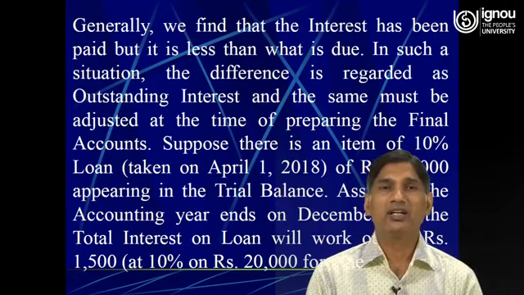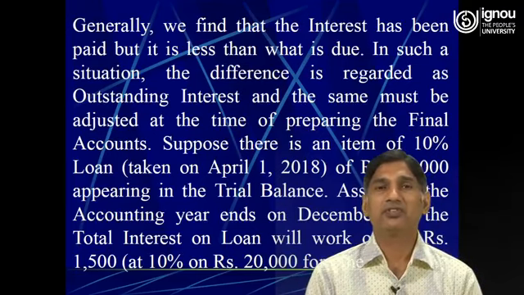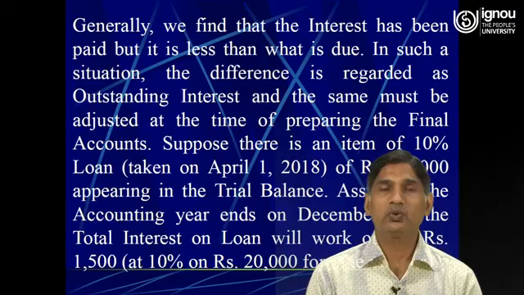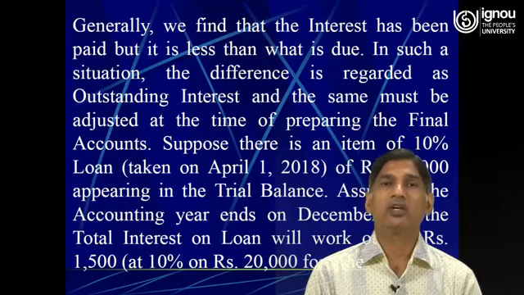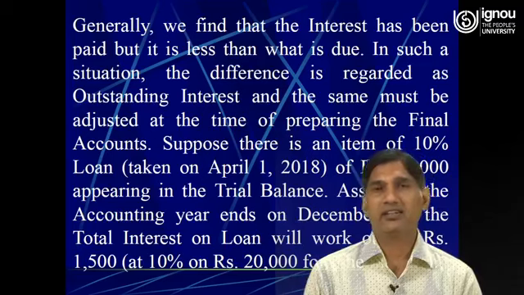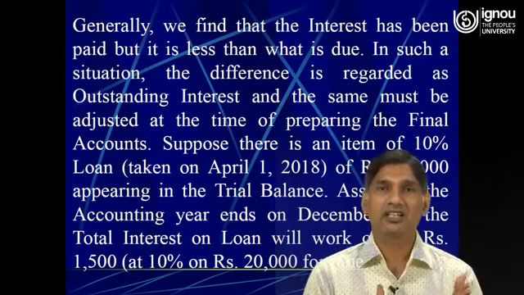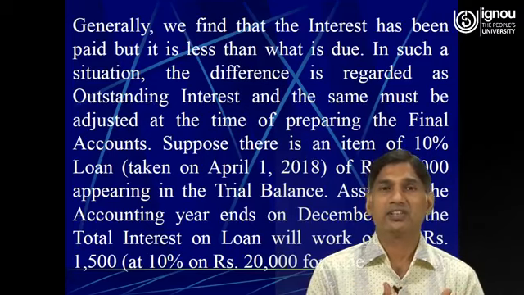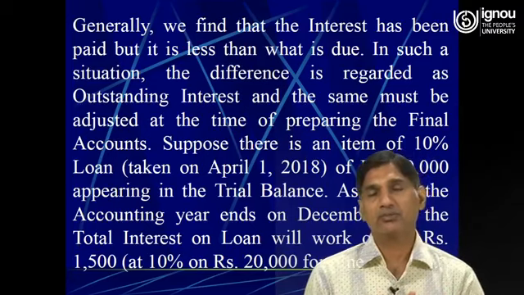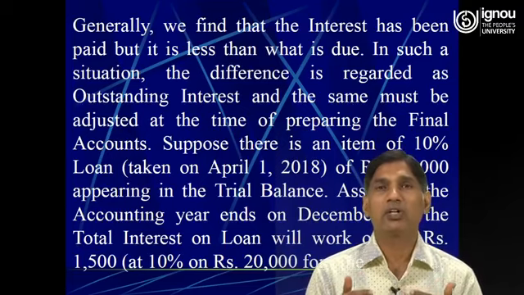The total interest on loan works out as rupees 1500. So here the loan has been taken on 1st of April 2018 and the financial year ends on 31st of December. It means the financial year starts from 1st of January and comes to an end on 31st of December. This is a period of 12 months.